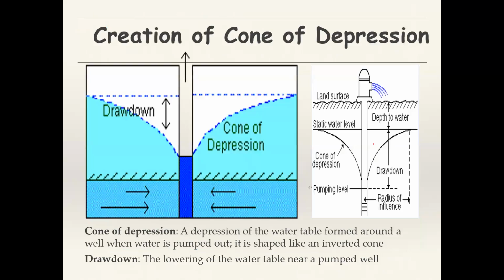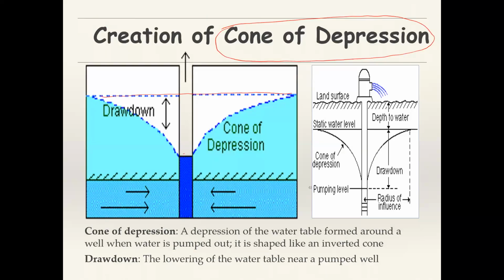Right. Something very important is the cone of depression. What is it? Now, if you are pumping water out from the groundwater aquifer, initially this can be the water level before you start pumping. But when you start pumping water out, what happens?